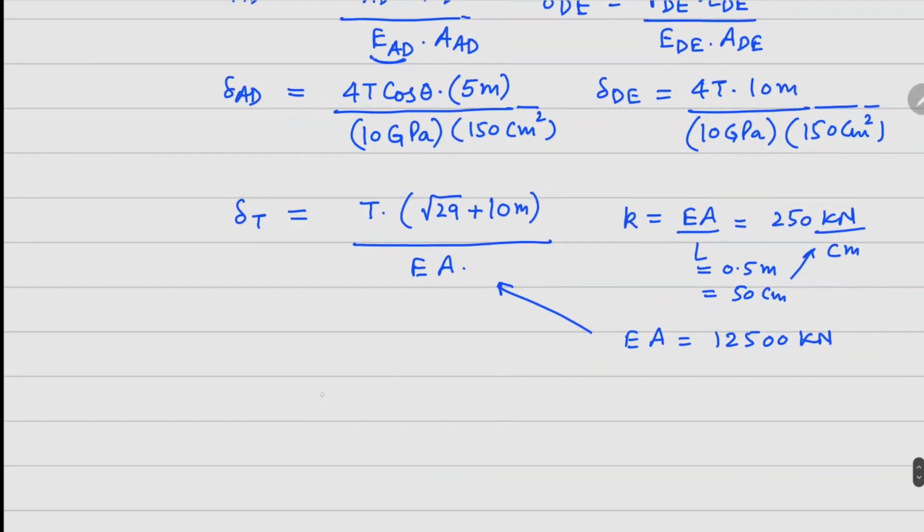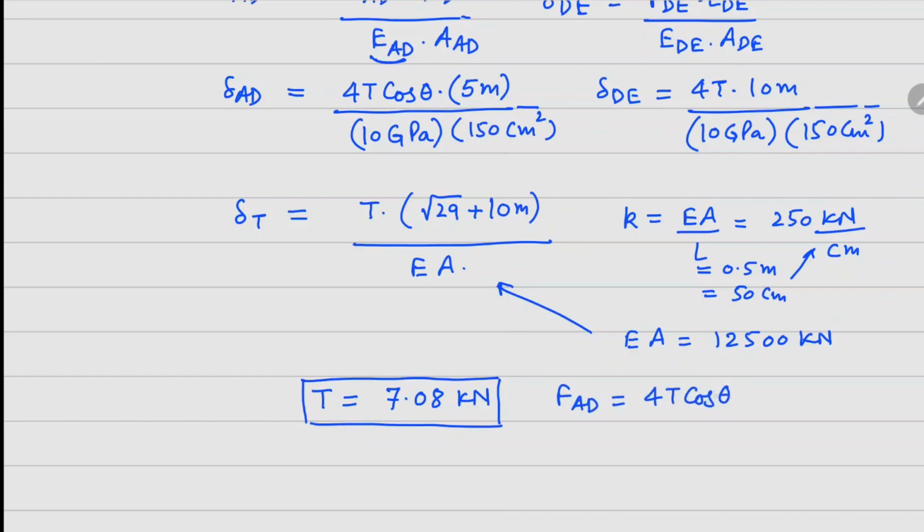So if I substitute everything there and solve, T comes out as 7.08 kilonewtons, and because your FAD and FDE are related to T using these two relationships, these values are FAD equals 26.32 and FDE equals 28.34 kilonewtons.